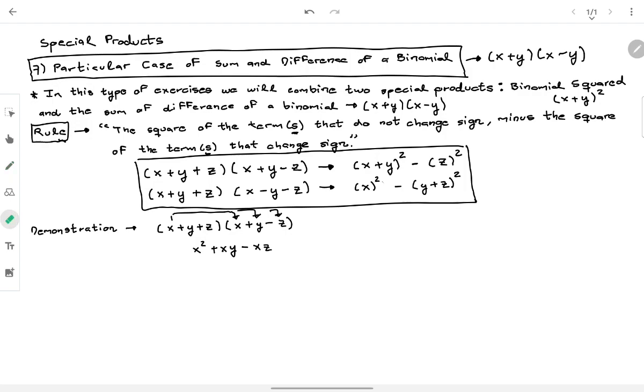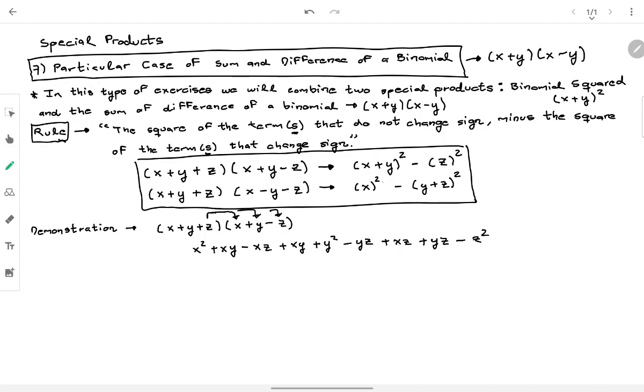Then multiplying the second term by the three of them, it will be plus xy plus y squared minus yc. And finally, multiplying the last one, which is c, it will be plus xc plus yc minus c squared.